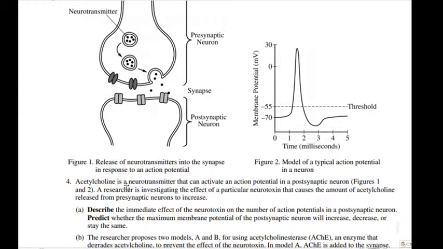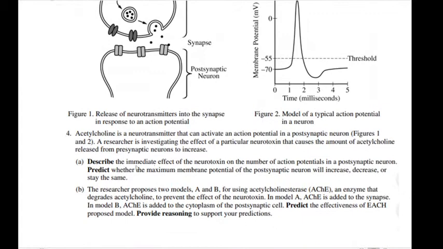And we have here acetylcholine is a neurotransmitter that can activate an action potential in a postsynaptic neuron. Researchers investigating the effect of a particular neurotoxin that causes the amount of acetylcholine released from presynaptic neurons to increase. So we need to, in part A, describe the immediate effect of the neurotoxin on the number of action potentials in a postsynaptic neuron, and predict whether the maximum membrane potential of the postsynaptic neuron will increase, decrease, or stay the same.